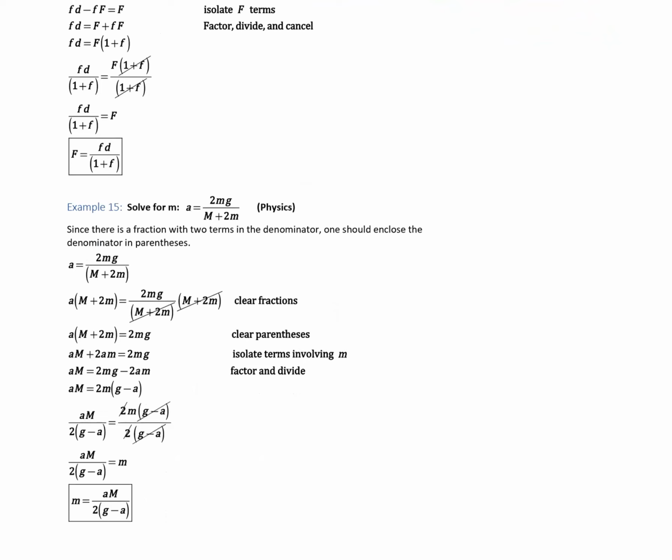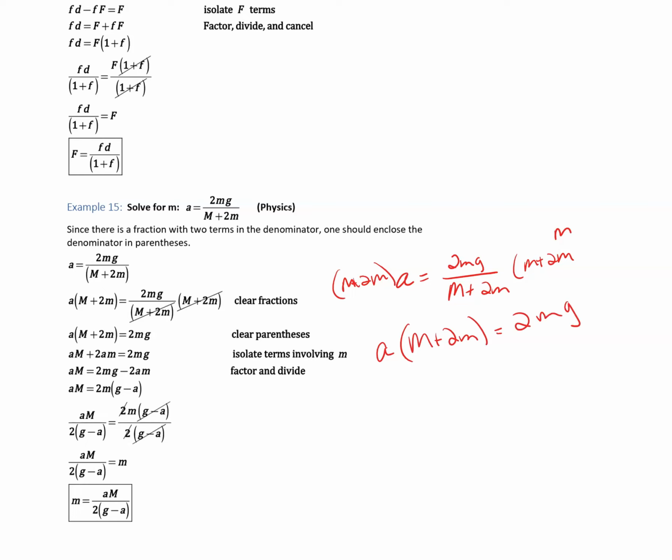And the last one here, A is equal to 2mg over capital M plus 2 little m. Solve it for little m. So multiply both sides by capital M plus 2m. So I get A times capital M plus 2 little m is equal to 2 little mg. And now I want to distribute, so I get A capital M plus 2A little m equals 2 little mg.